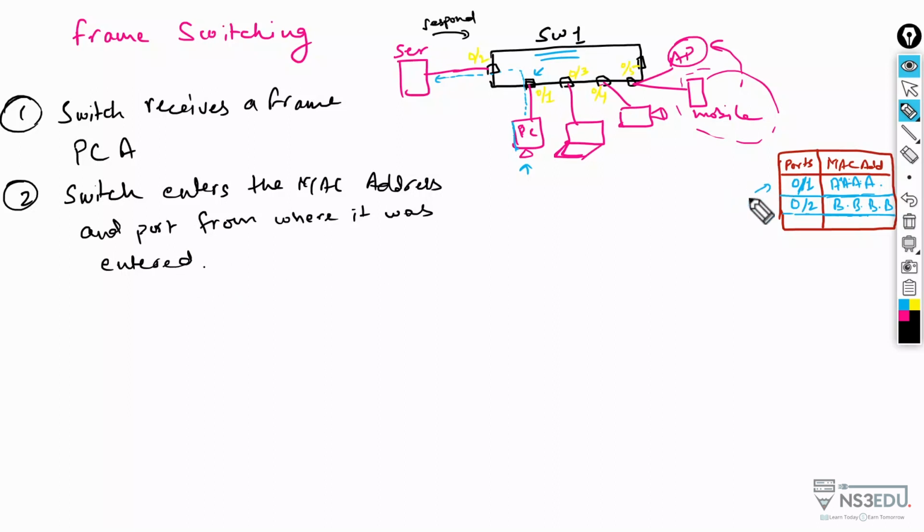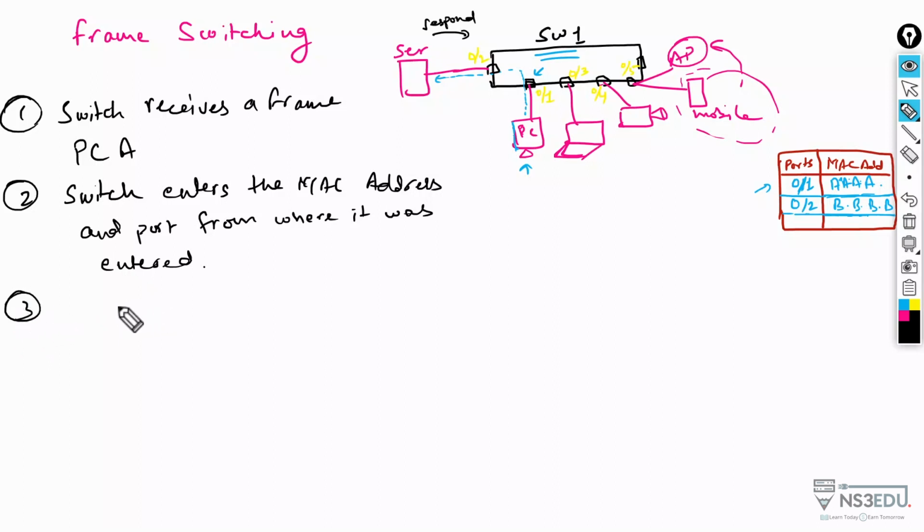That's what I have demonstrated here. The MAC address, that is this part, and the port number, that is this part, will be used for populating the MAC address table.